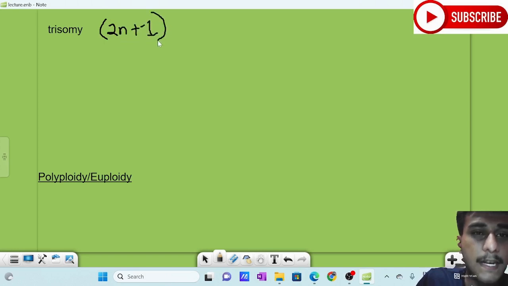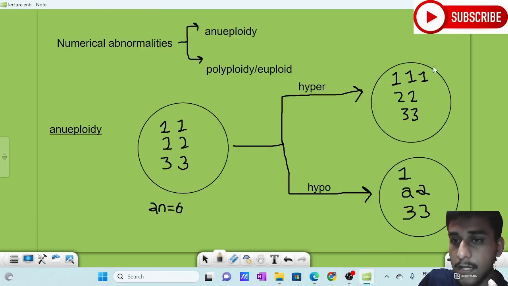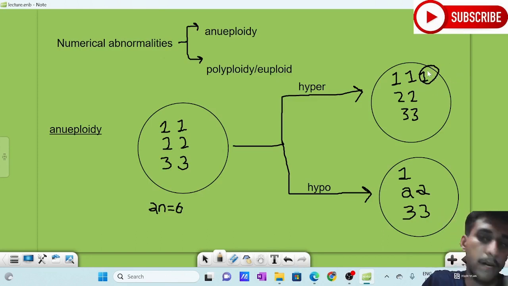What does it mean? The organism is normal 2n, but it has an extra chromosome of 1. This is an example of trisomy, having an extra chromosome 1.